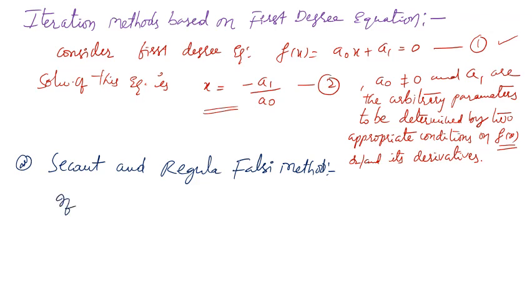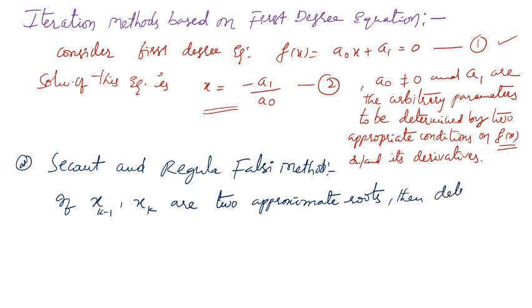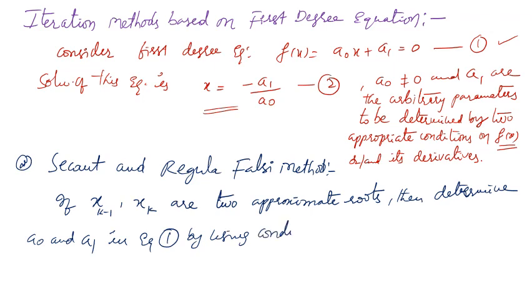So if x(k-1) and xk are two approximate roots, then determine a0 and a1 in equation 1 by using the conditions.